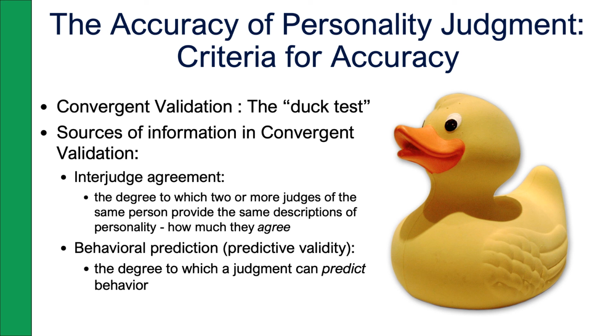When you compare those different sources of information and they seem to point to a similar conclusion about a person's personality, then you know that you have convergent validation. If it looks like a duck, walks like a duck, sounds like a duck, it must be a duck. If two different personality judges agree that a target is an extrovert and that extrovert goes to a lot of parties with a lot of people, then you have convergent validation that that's probably an extrovert.